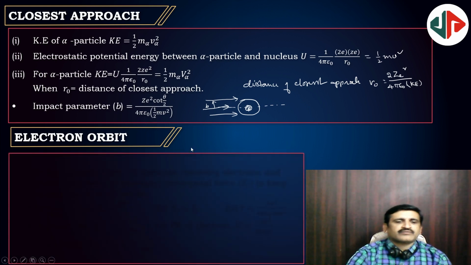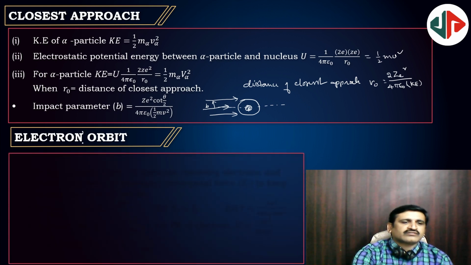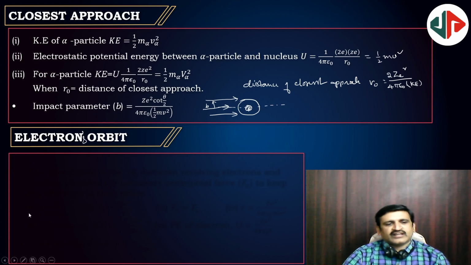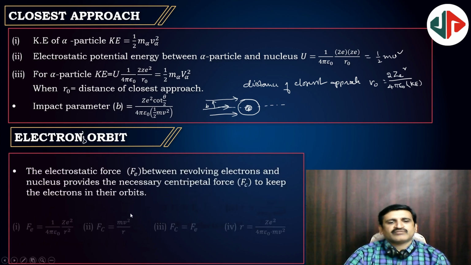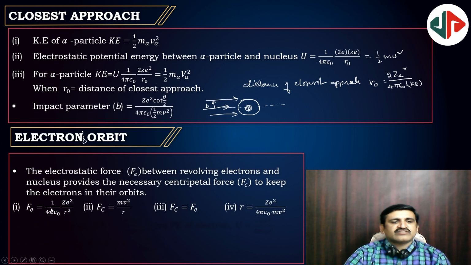Electron's orbit. Suppose in the nth orbit the electron is revolving, then the electrostatic force is 1 by 4 pi epsilon naught Ze square by r square, and mv square by r is the centripetal force. Both are equal. So r is given by Ze square by 4 pi epsilon naught m v square.